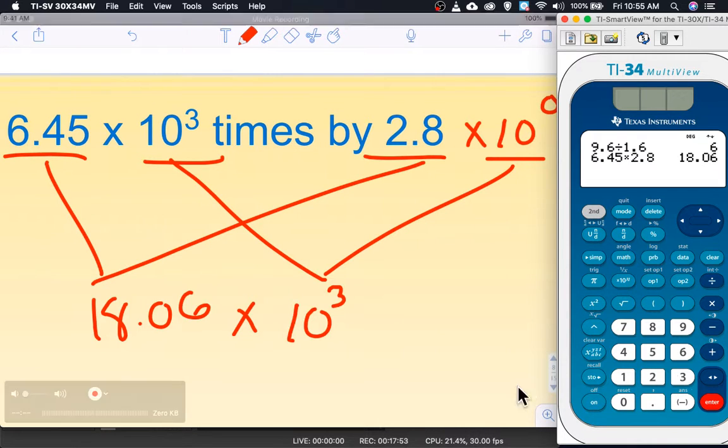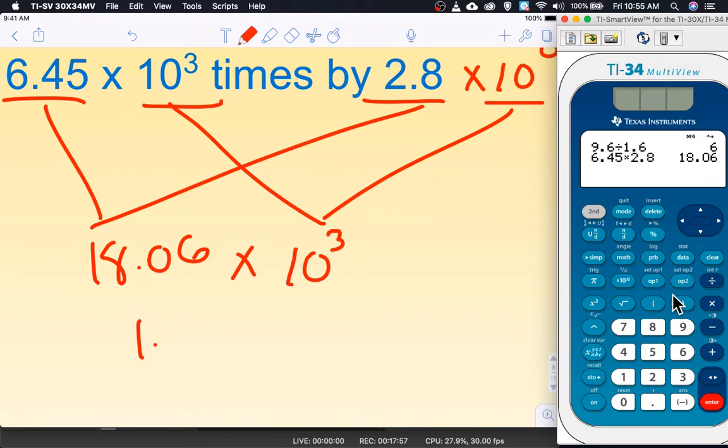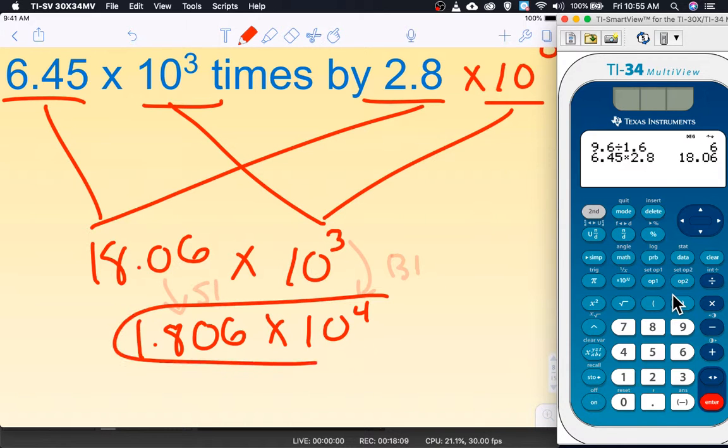That number is not scientific notation because my decimal piece is too big, so I make it 1.806 times by 10 to the... He got smaller by 1, he gets bigger by 1, to the 4th power.